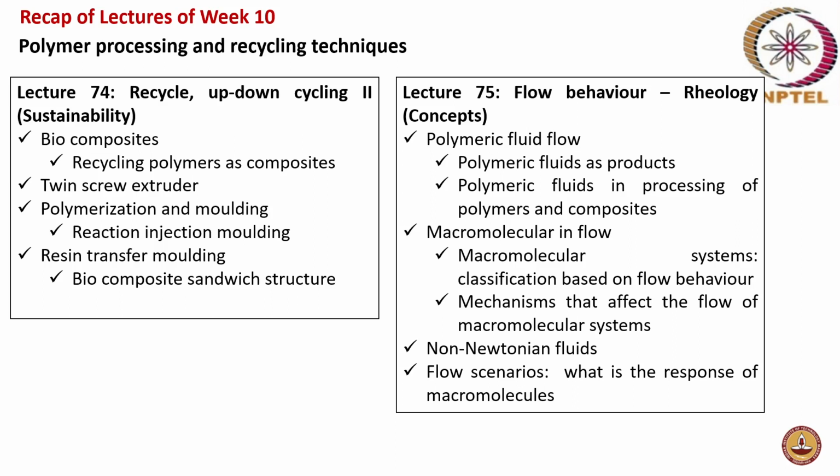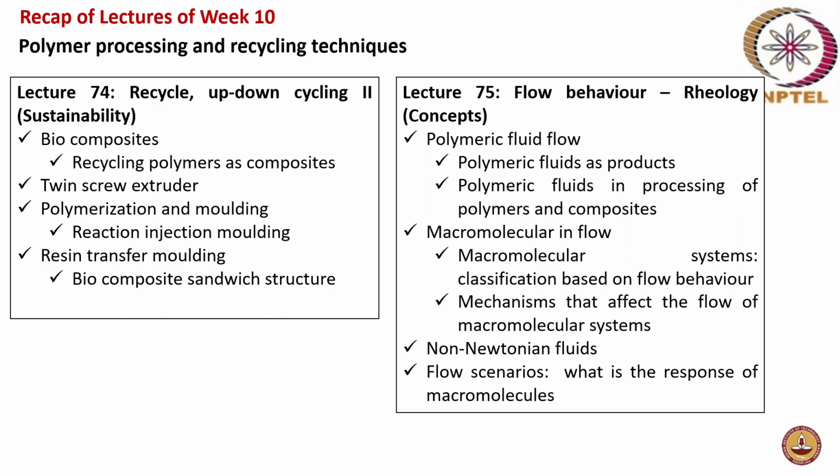And then polymeric fluid flow in processing, like you can have polymeric solutions or melts, pre-polymers, resins, and how the fluid flow plays an important part, especially in getting an optimum microstructure and having an efficient processing method with less cost and energy involved. And then what are the concepts involved in molecules in flow, like classifications based on flow behavior.